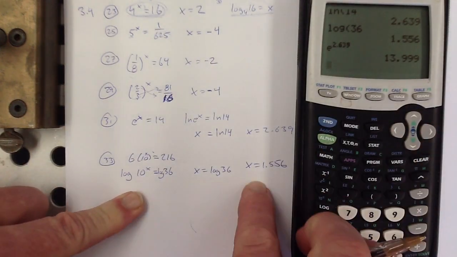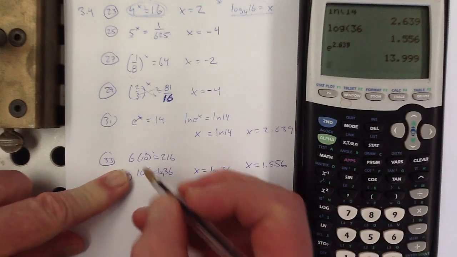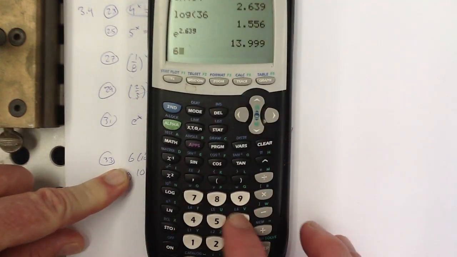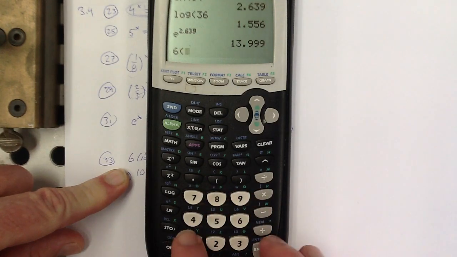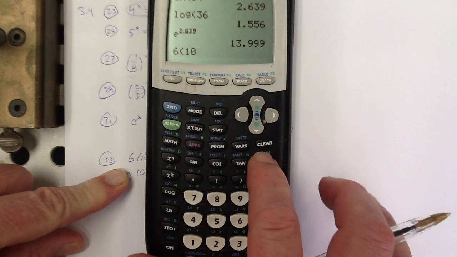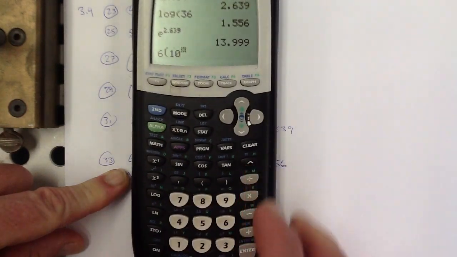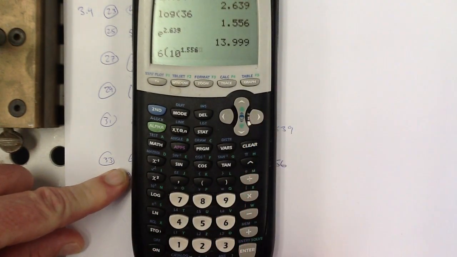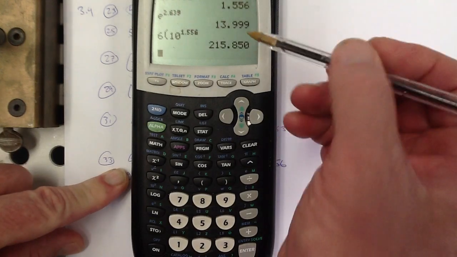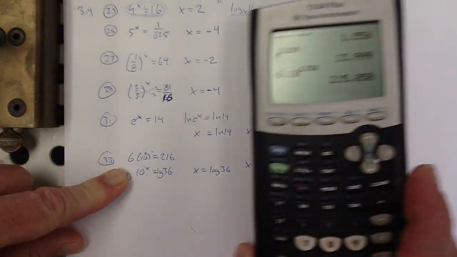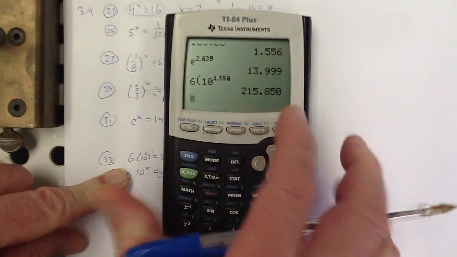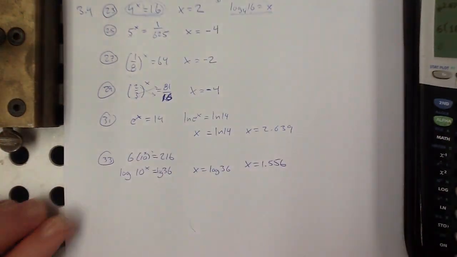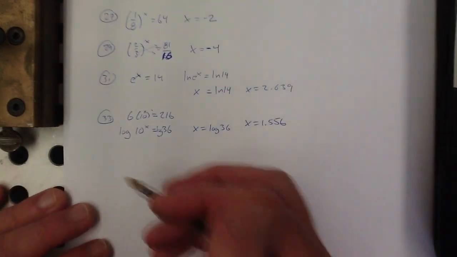And then, like in this one right here, I'm claiming that 6 times 10 to the x is equal to 216. 6 times 10 to the, my x is 1.556. So that gives me about 216. If you're wondering why it's not exactly 216, it's, well, we rounded that. So that's why.